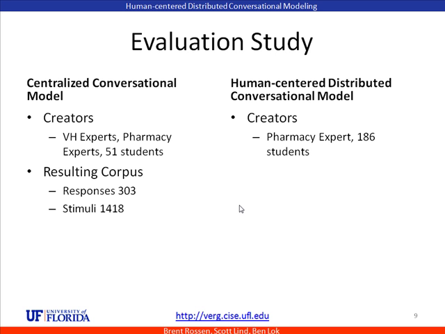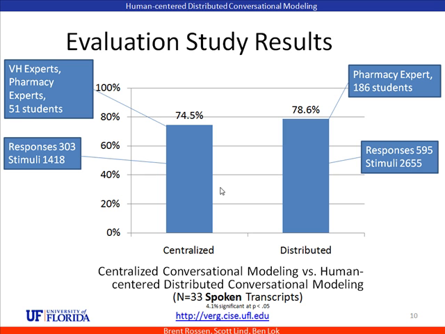Obviously, the corpus underneath is different, but exactly the same character background without any help of virtual human experts. And the resulting corpus had 595 responses and 2,655 stimuli. Now that's because we've removed the filter, so she was able to do it much more quickly. So we don't have that virtual human expert as a bottleneck for all of the information anymore.